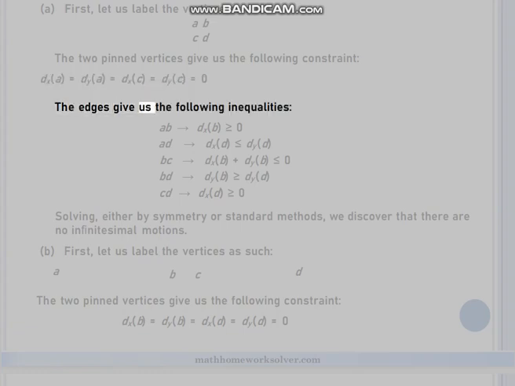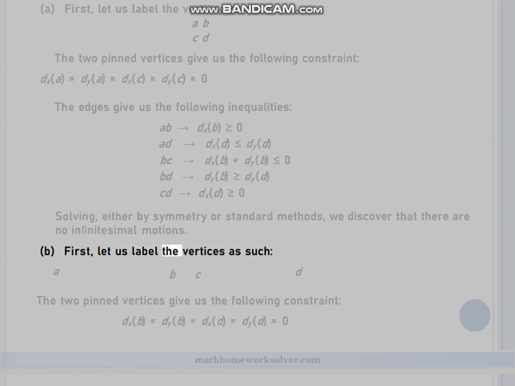The edges give us the following inequalities: AB: dx_B ≥ 0; AD: dx_D ≤ dy_D; BC: dx_B + dy_B ≤ 0; BD: dy_B ≥ dy_D; CD: dx_D ≥ 0. Solving either by symmetry or standard methods, we discover that there are no infinitesimal motions.